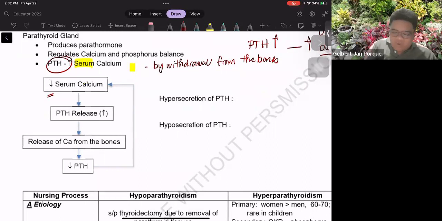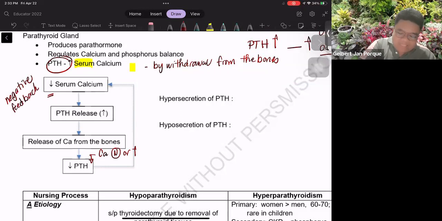And then after that, once your calcium levels would start to normalize, or once it would increase, the amount of PTH secreted by your parathyroid gland would decrease. Now, class, this is a demonstration of your negative feedback mechanism. That's how your negative feedback mechanism works.